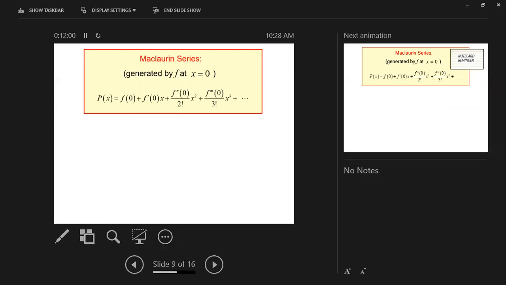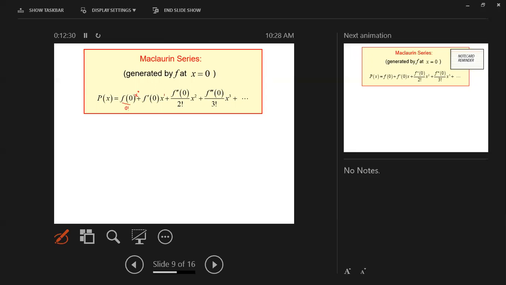So a Maclaurin series is a specific power series that's generated centered at 0, specifically at 0. So that polynomial will have the terms f of 0 plus f prime of 0 times x, and so on and so forth. Now, if you look carefully here, I've kind of left out some terms. So maybe it's easier for you to see, there's technically an x to the 0 term here over 0 factorial. And 0 factorial is 1.